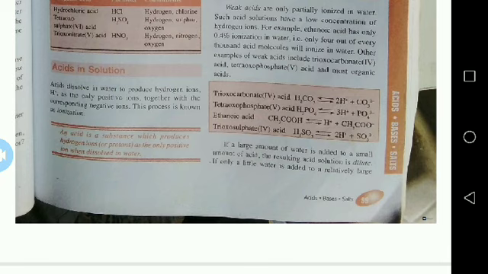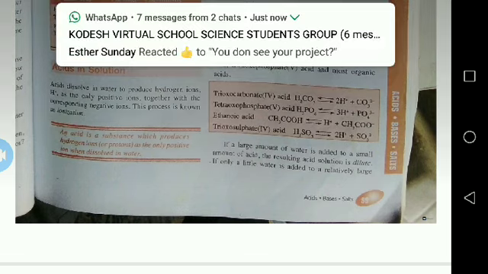All right, so let's dive into what we have today. We're continuing from the concept of acid in solution. Now I'm going to move towards the end of the page, page 899, because we had already explained the other part.